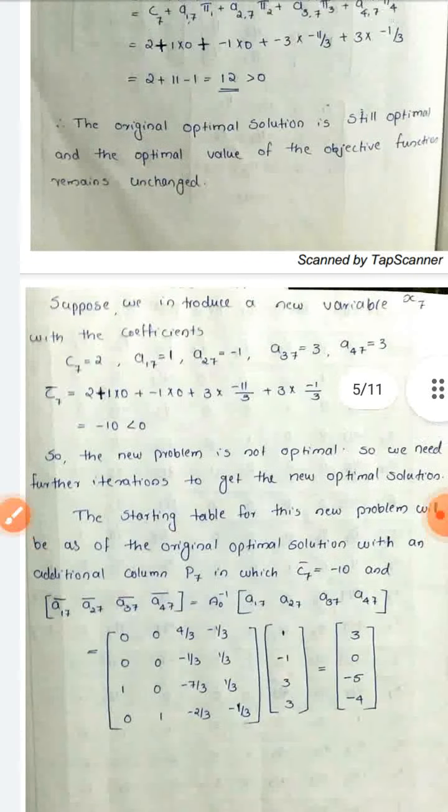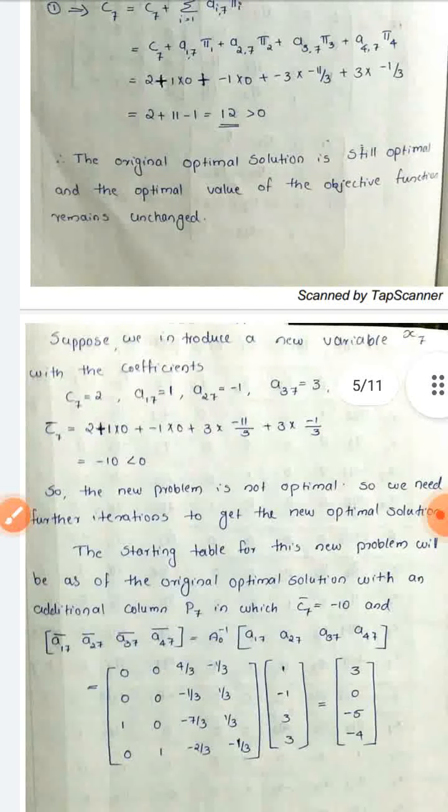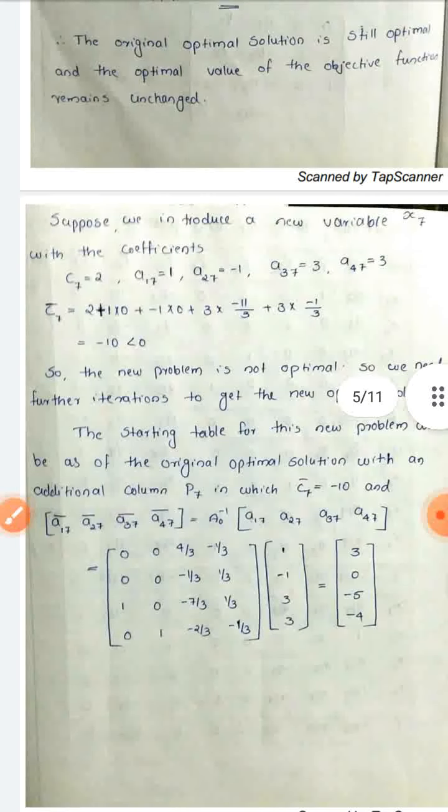It is found using the equation C7 bar equal to C7 plus sigma i equal to 1 to 4 a i7 pi i. So substitute the values of the coefficients. We get C7 bar equal to 2 plus 1 into 0 plus minus 1 into 0 plus 3 into minus 11 by 3 plus 3 into minus 1 by 3. In solving these, we get minus 10. That is the relative cost coefficient C7 bar equal to minus 10.